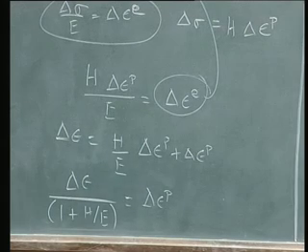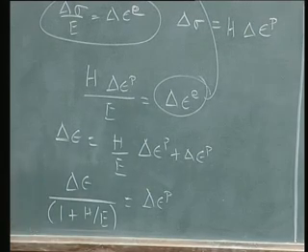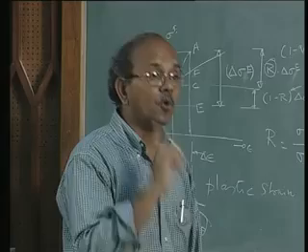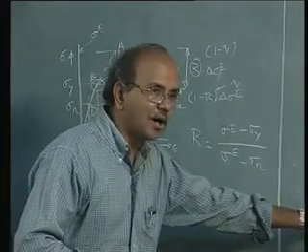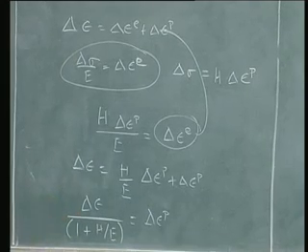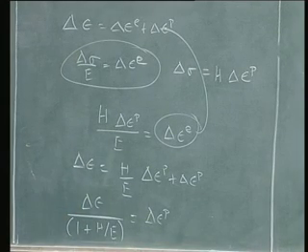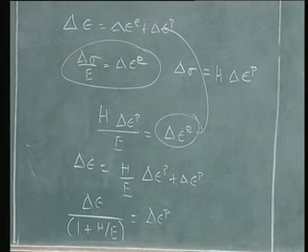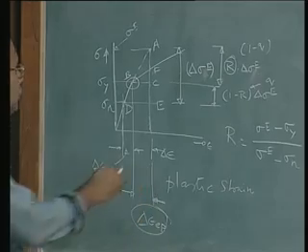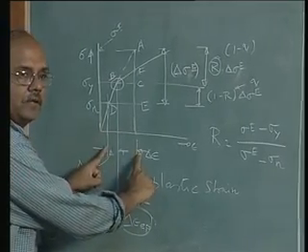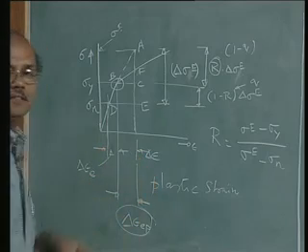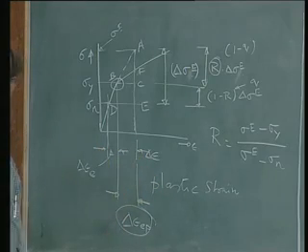But note one thing carefully. What is this delta epsilon? No, that's exactly the mistake most of you make. This is not the total strain, it is the elastoplastic strain. So note that this is the total strain, and of this total I have to make these adjustments.